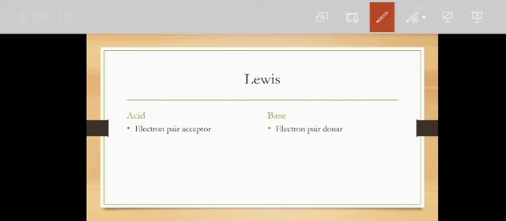All anions are electron pair donors, that's why they come under the base category. And all cations are Lewis acids, because they are electron deficient. In this way, all three concepts are cleared.